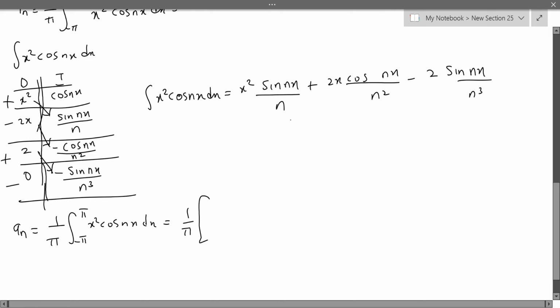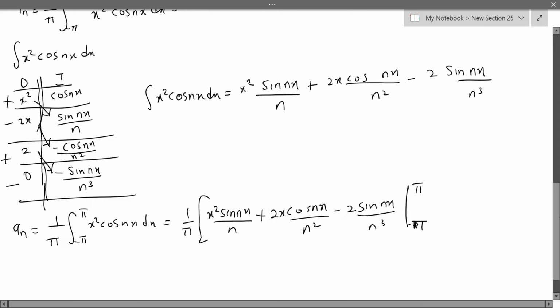Now we've gotten the integral, so you put it here: x squared sin nx over n plus 2x cos nx over n squared minus 2 sin nx over n cubed, from minus pi to pi.